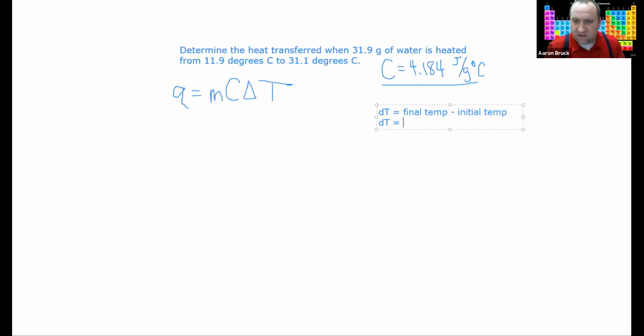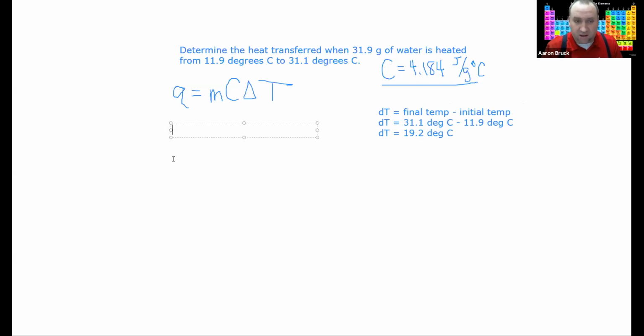In this case, our final temperature is 31.1 degrees C. Our initial temperature was 11.9 degrees C. So our delta T in this particular case is, get my calculator out, 19.2 degrees Celsius. So 19.2 degrees Celsius is our value for delta T.